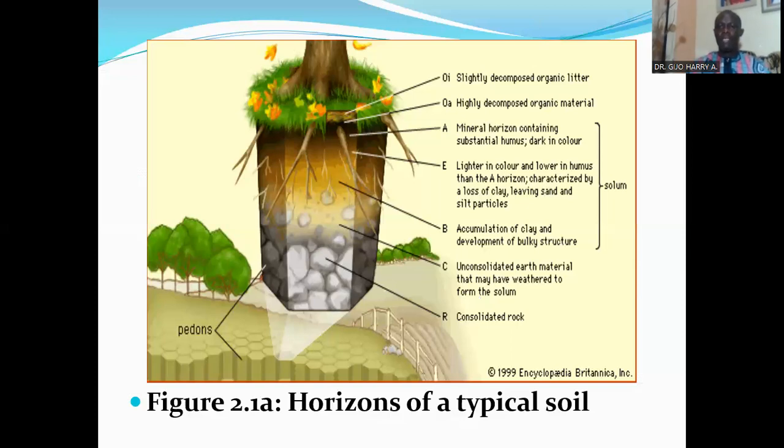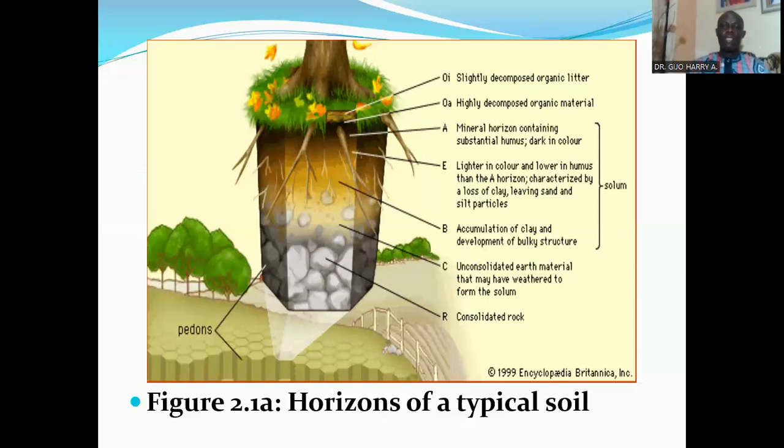That's the A, E, and the B horizons. At the bottom is the R horizon, which is consolidated rock. The R horizon is the consolidated rock or the bedrock at the bottom.